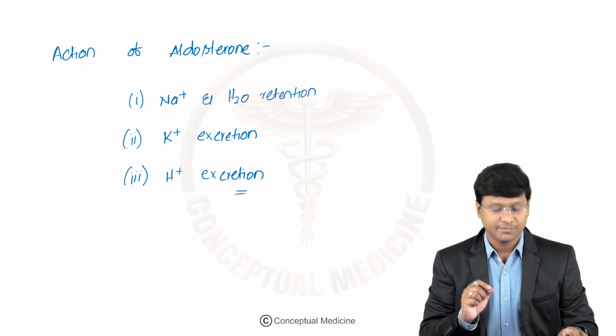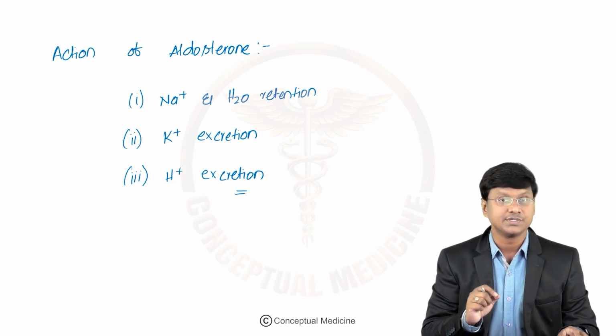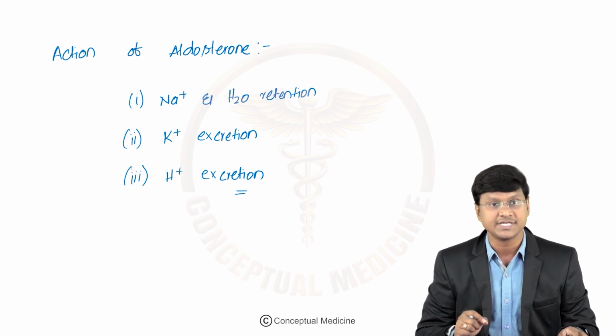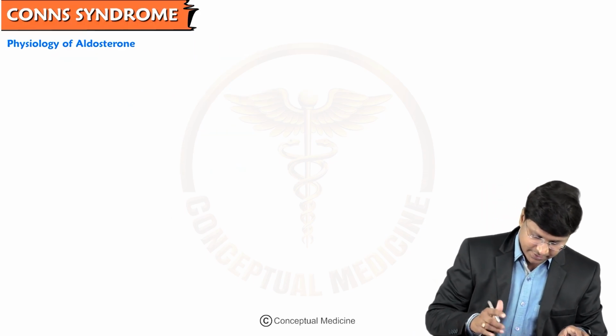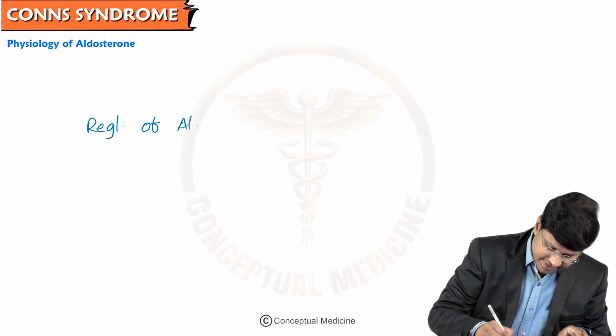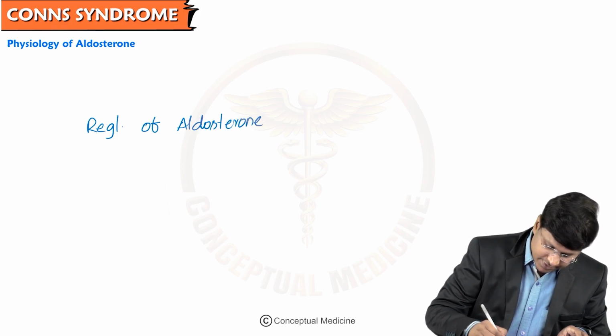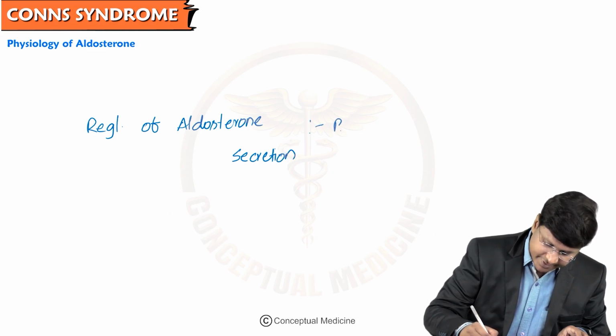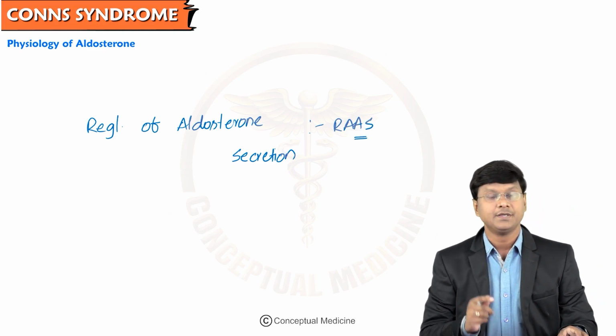Now, a very important point is the regulation of aldosterone secretion. The regulation of aldosterone secretion is completely dependent on the renin-angiotensin-aldosterone system.